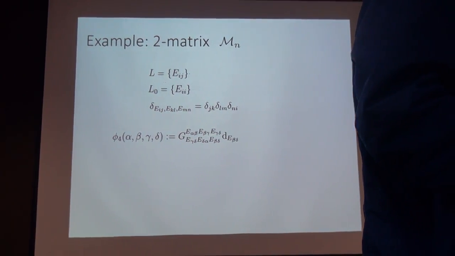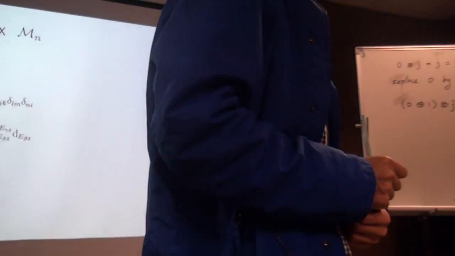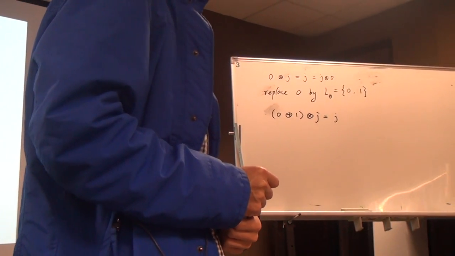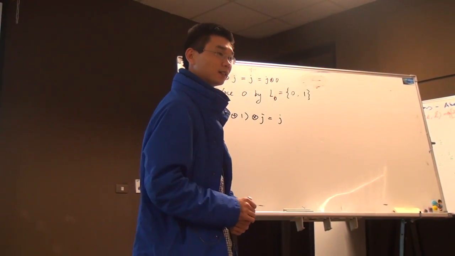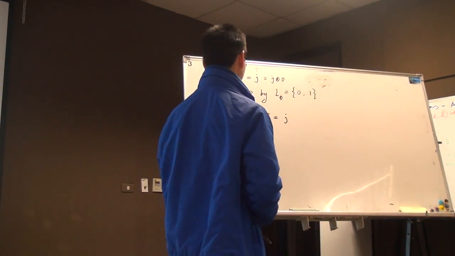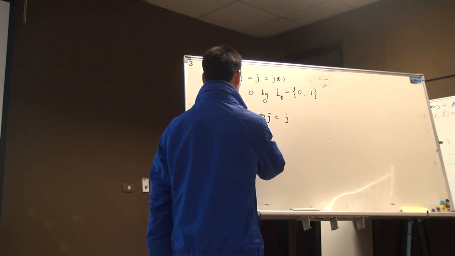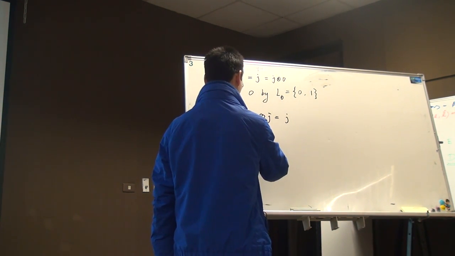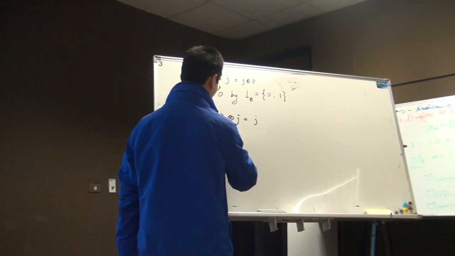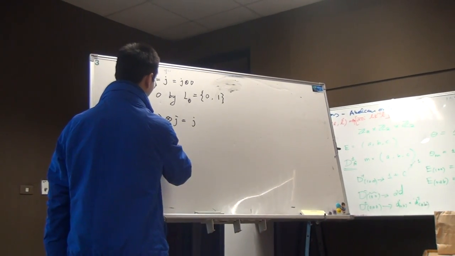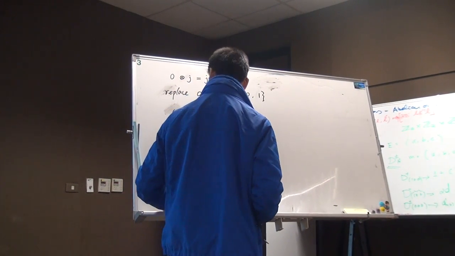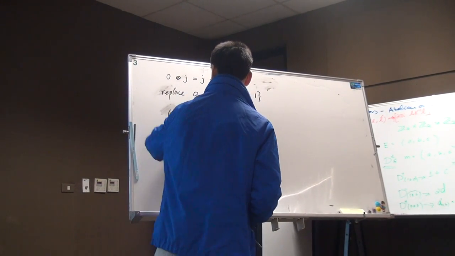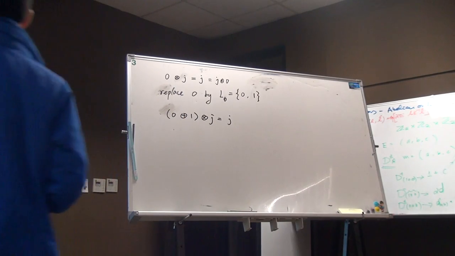Is there any tensor product between 1 and J itself, these two objects? Yes, there will be some projection involved in this definition. So my answer is yes. And actually, this is a good example.